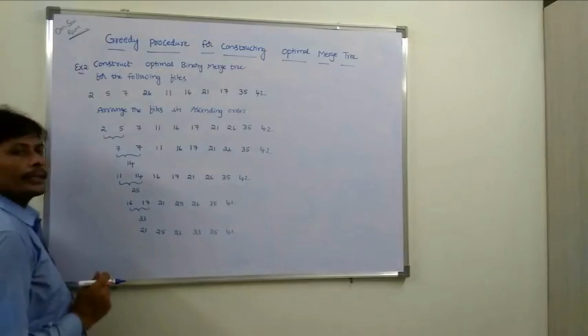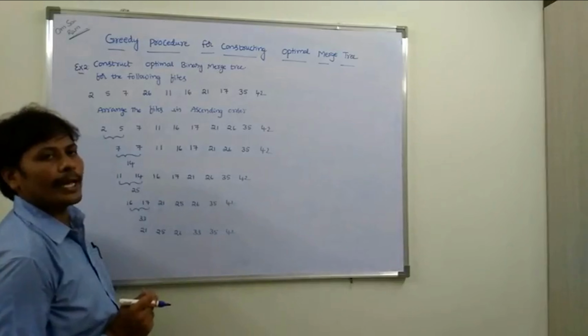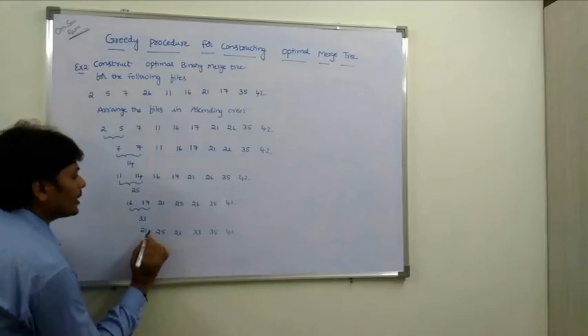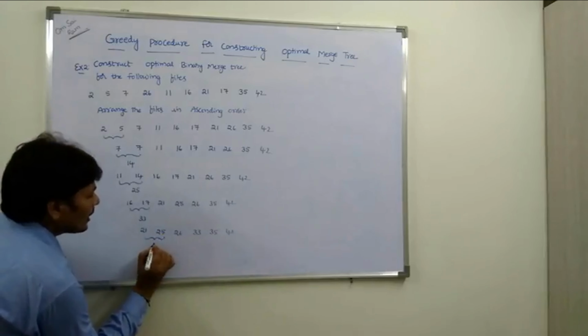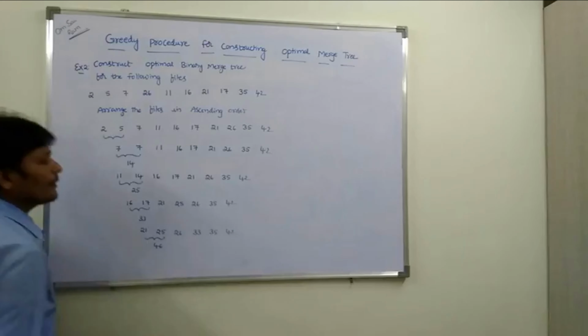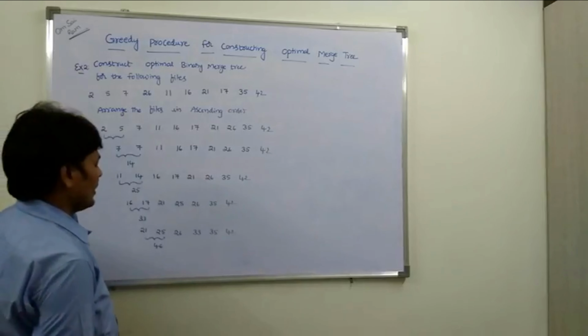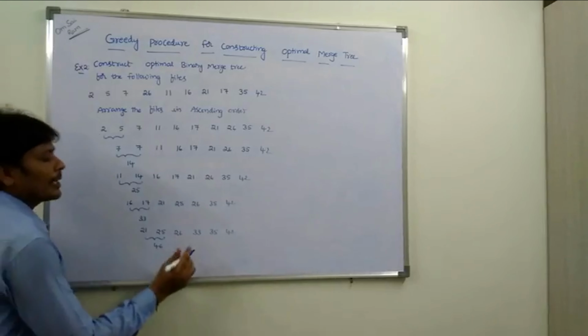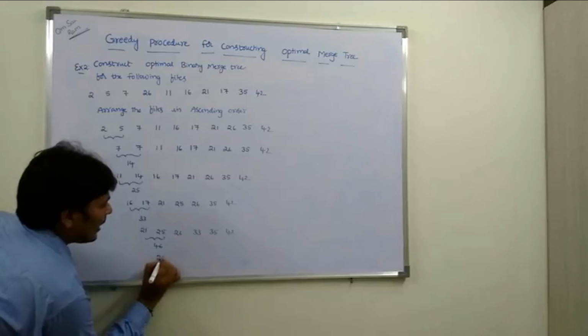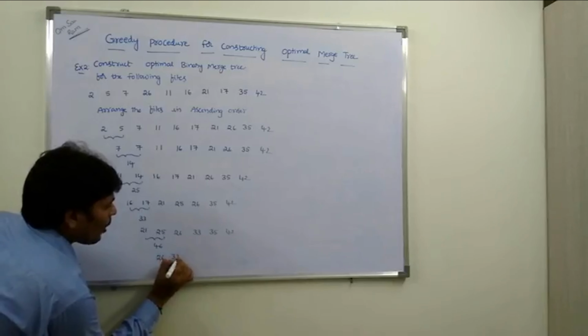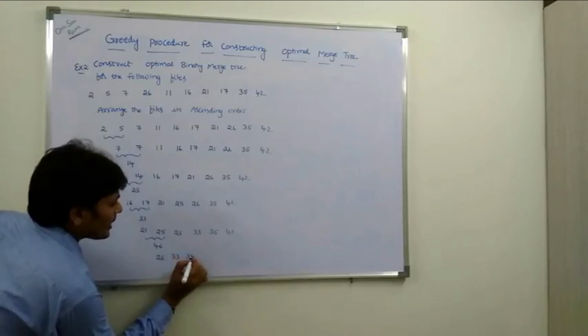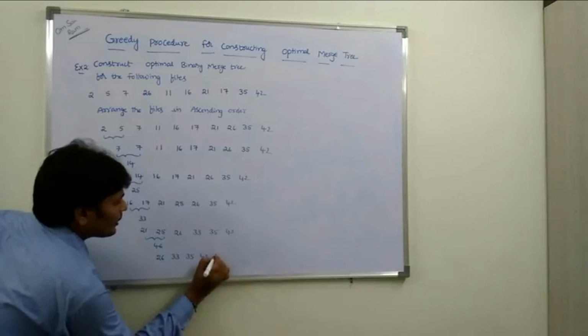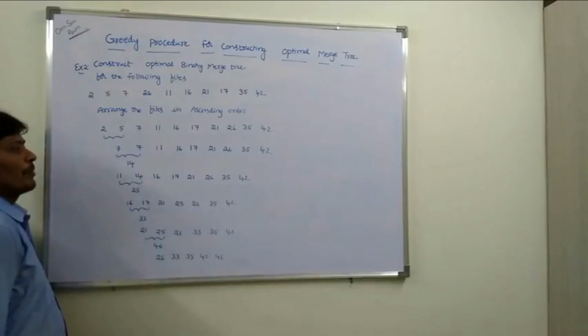Now we select the two smallest sized files, that is 21 and 25. The result is 21 plus 25 is 46. This resultant value is inserted into the list at its correct position. Now the list is 26, 33, 35, 42, 46.